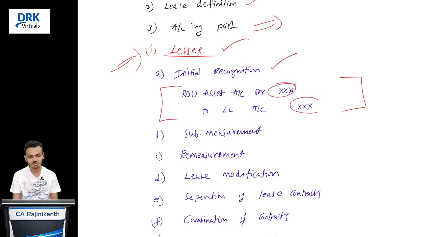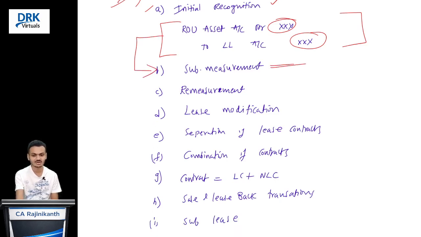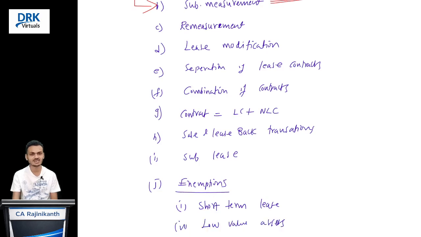At what amount this initial recognition can be done, that constitutes a substantial part of our discussion. And after this initial recognition, at what amount these accounts can be carried subsequently, that is subsequent measurement. If there are changes in lease payments, how can we do remeasurement?